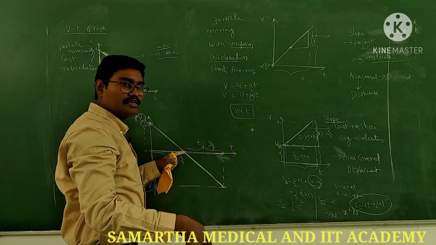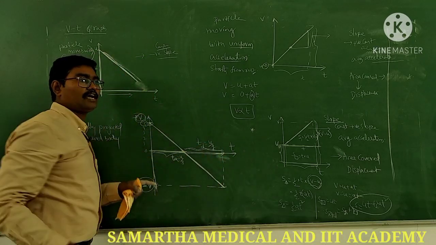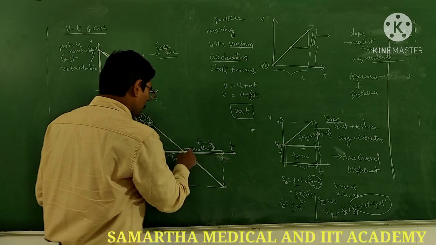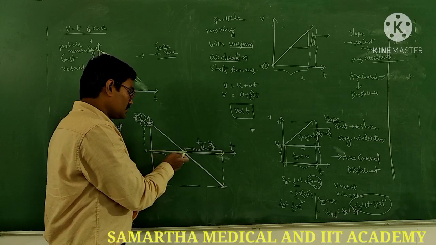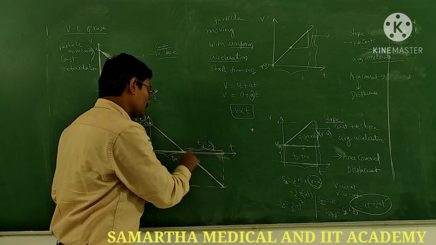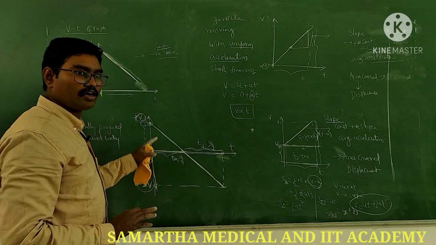Time cannot be negative and cannot go in the reverse direction; time goes in the forward direction only. That's why you get a graph like this. Understood? Clear or not?